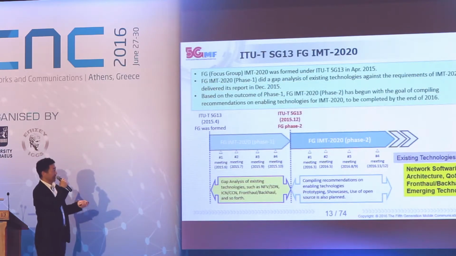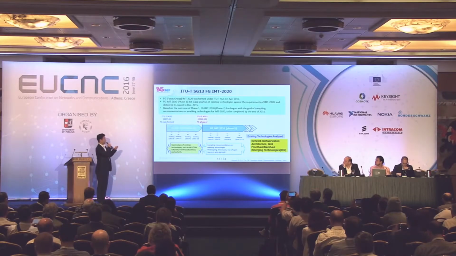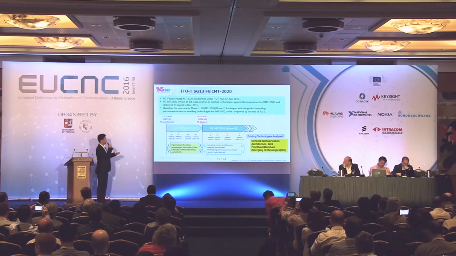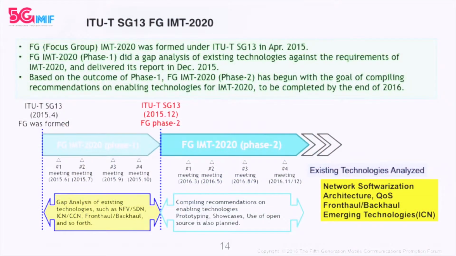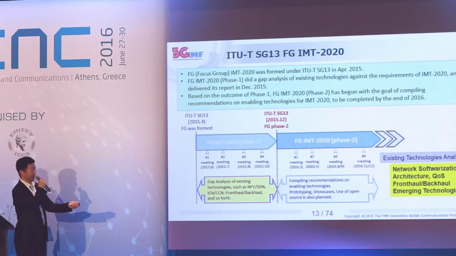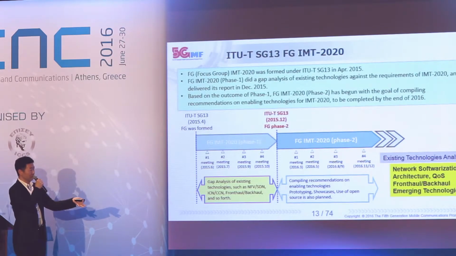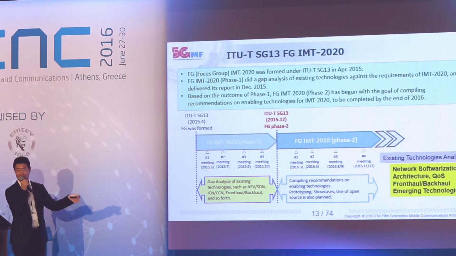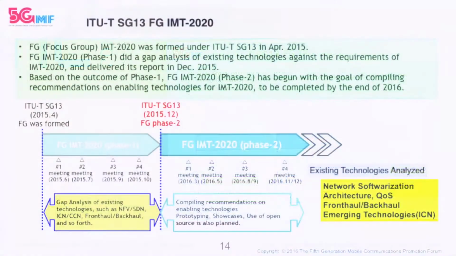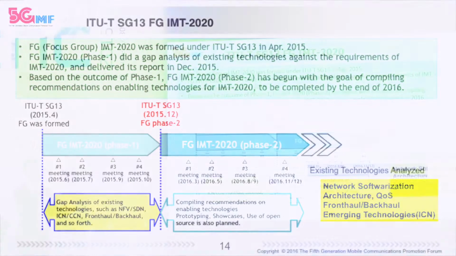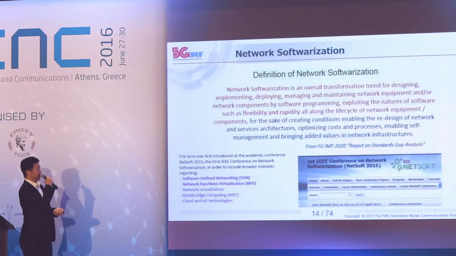Briefly talking about the ITU-T focus group, many of the folks in the 5GPP group have already contributed to this focus group. Now we are doing phase 2. We have done a gap analysis, but now we are doing network softwarization as a key group. In fact, we scheduled a meeting which coincides with this panel discussion, so I couldn't attend it, but I'm leading the network softwarization group, and mainly we are talking about network slicing.